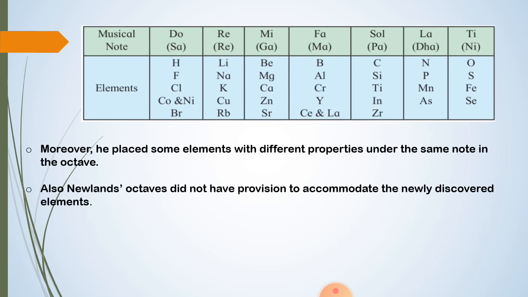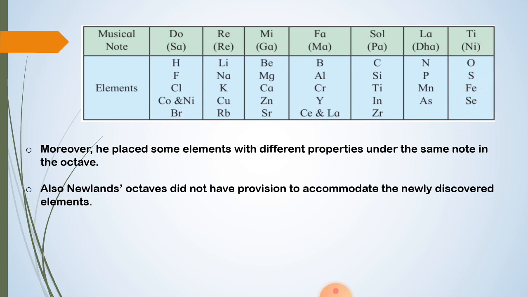Then he placed some elements with different properties under the same note in the octave. For example, Newlands placed the metals Co and Ni under the note Do, along with the halogens, while Fe, which has similarity with Co and Ni, was placed away from them, along with the non-metals O and S, under the note Ti.